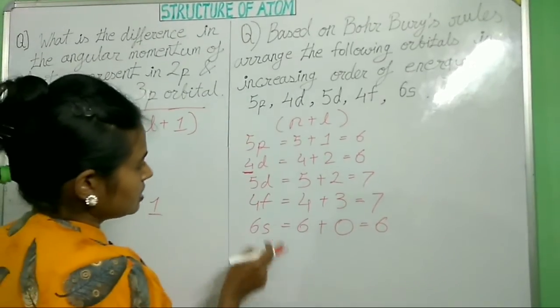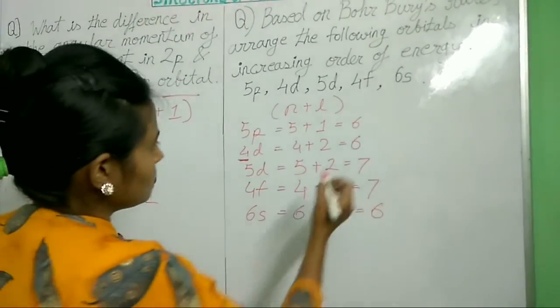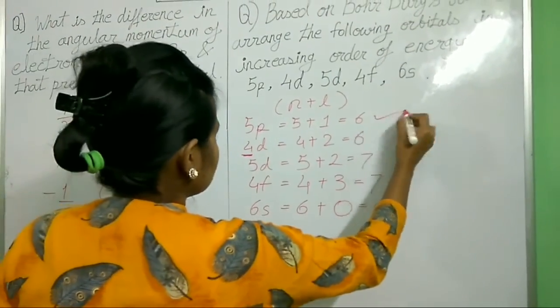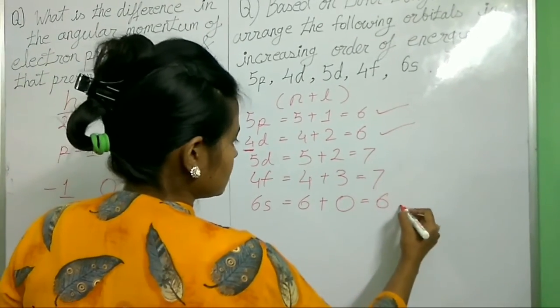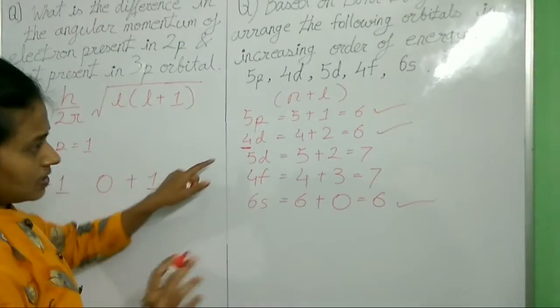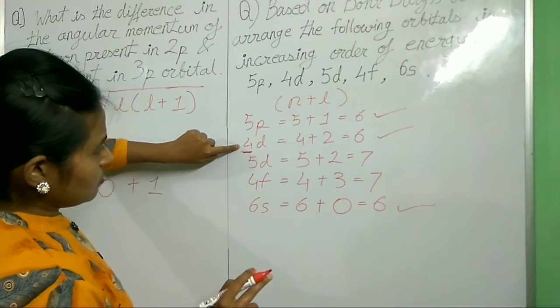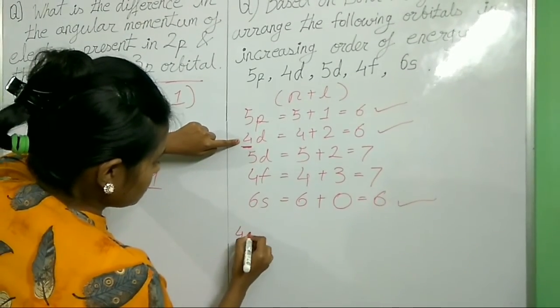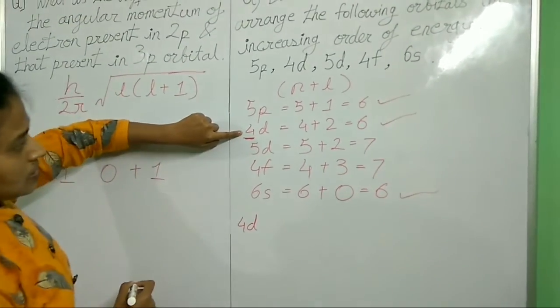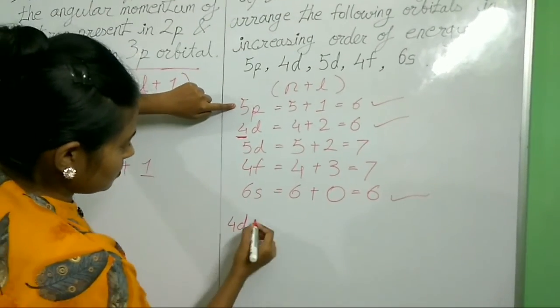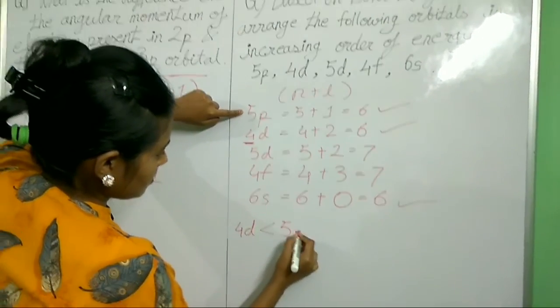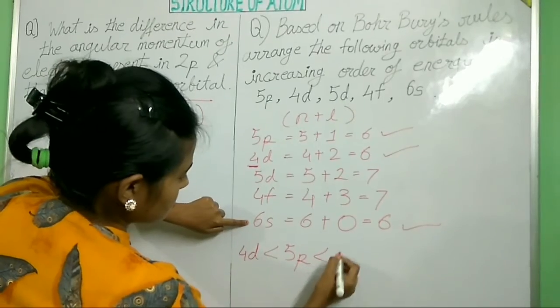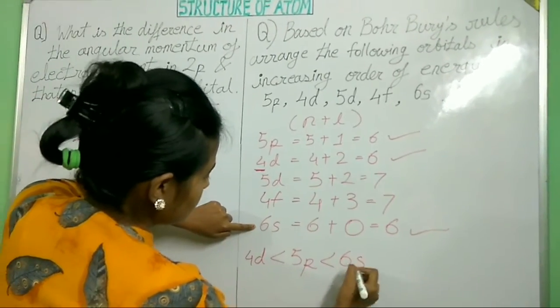So now let's see the order. 5p is having 6, 4d is also having 6, and 6s is also having 6. But the lowest n value is 4d, so first 4d will come. Then the next lowest n value is 5p. Then the highest n value is 6s.